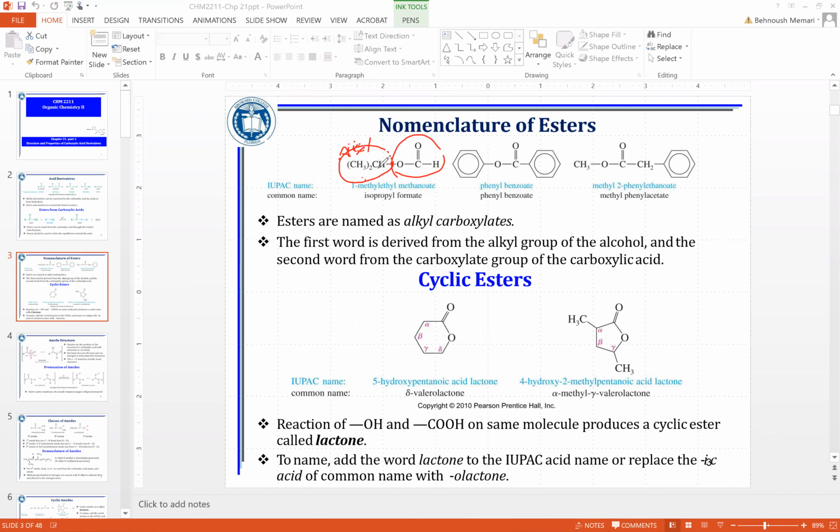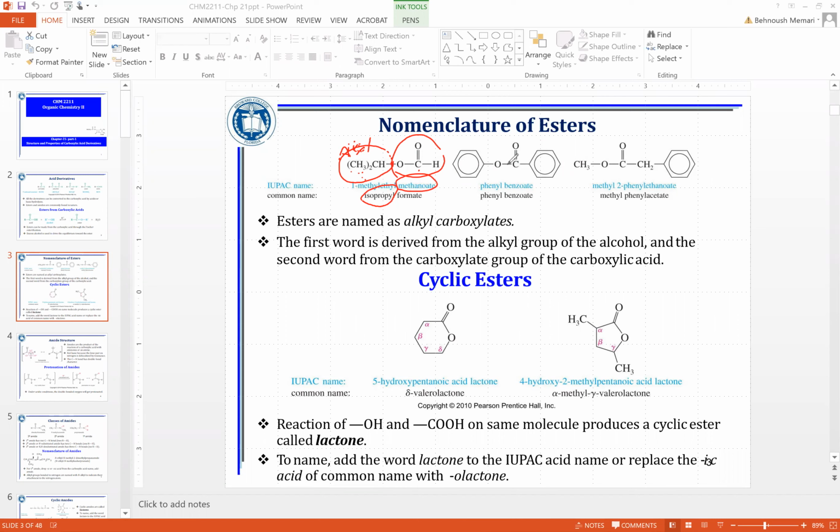So if we name this compound, isopropyl group, and then it's coming from formic acid, or methanoic acid, so you would just say methanoate. So isopropyl methanoate.